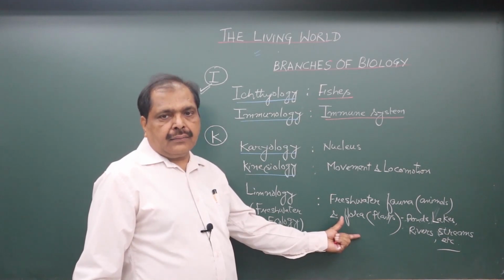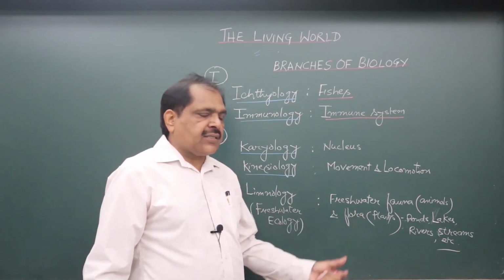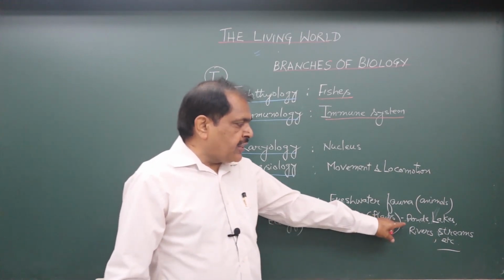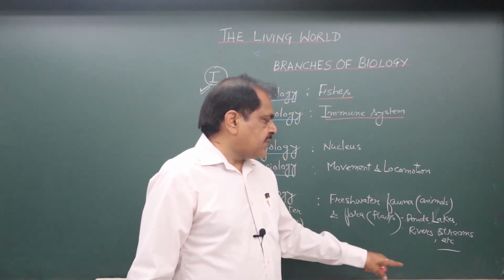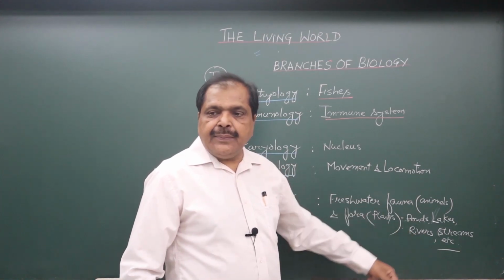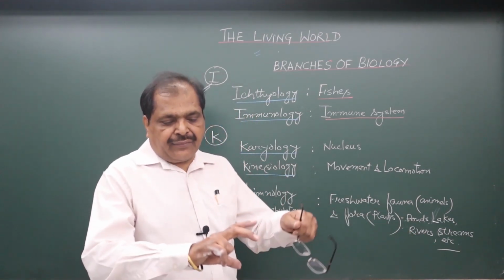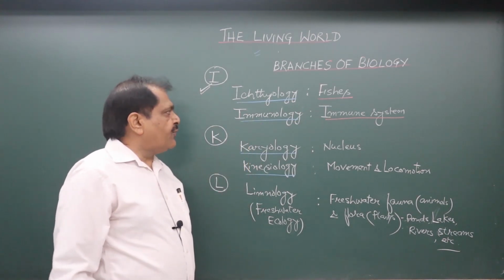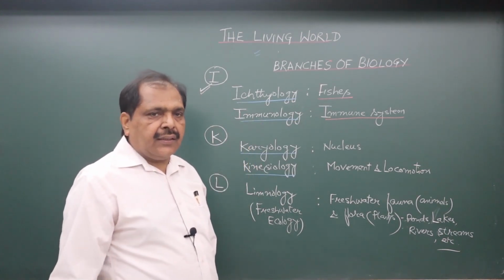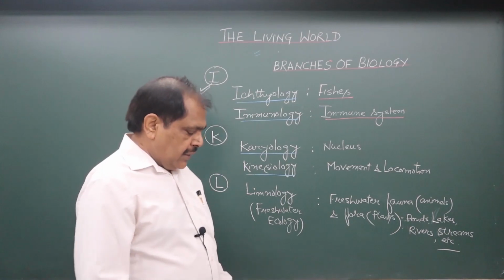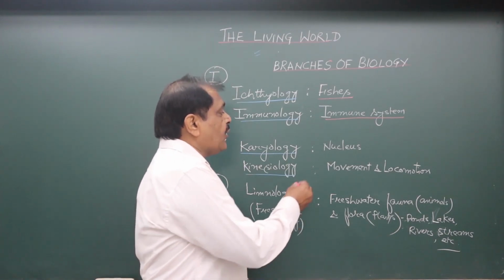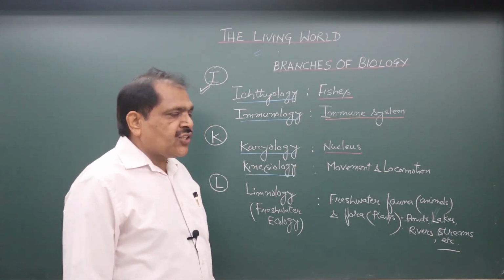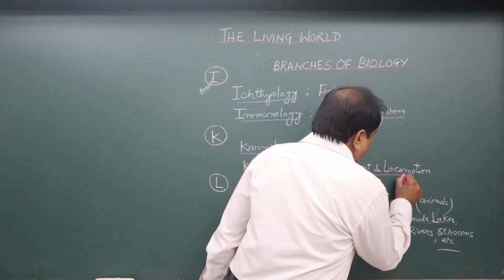And flora means plants in freshwater ecosystems like ponds, lakes, rivers, streams, etc. All come under freshwater ecosystems. Ichthyology, study of fishes. Immunology, immune system. Then karyology, nucleus. Kinesiology, movement and locomotion.